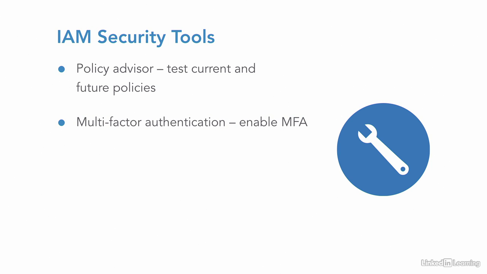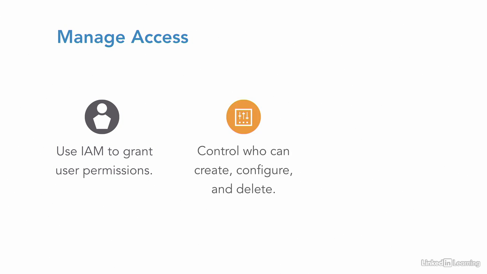So if I want to control access to my AWS account, I use IAM to grant the user permissions, what that user can and can't do. I can control who can create, configure, and delete any resource in my AWS account. And I can do this down to a very granular level.